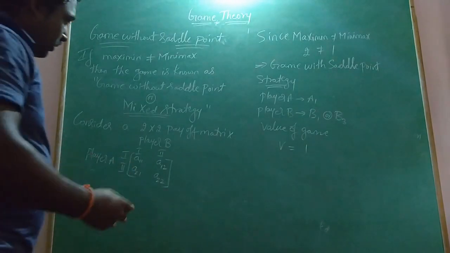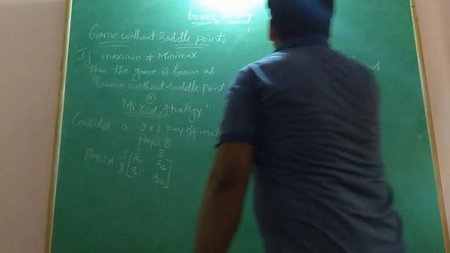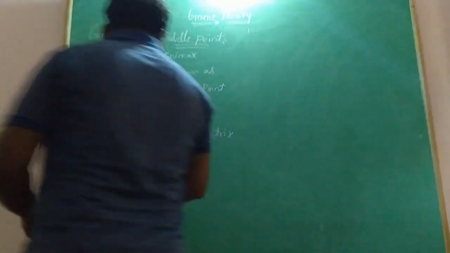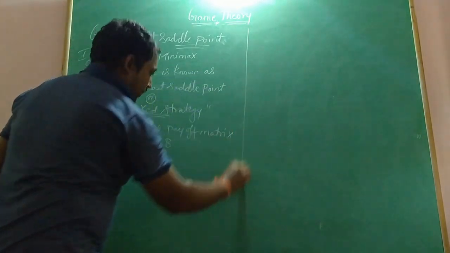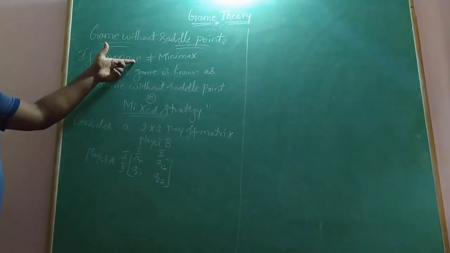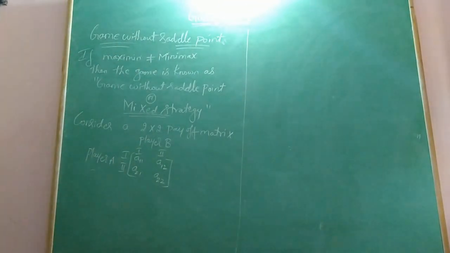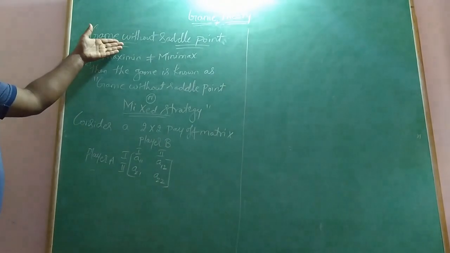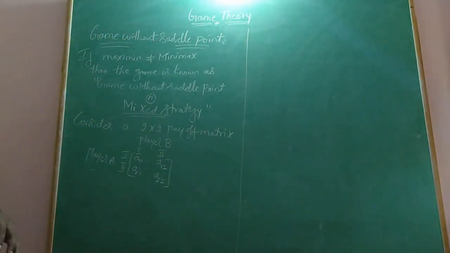Let us consider a 2 cross 2 payoff matrix where player A and player B each have two strategies, 1 and 2. If maximin is not equal to minimax and the order of the matrix is 2 cross 2, then we can apply the game without a saddle point concept.